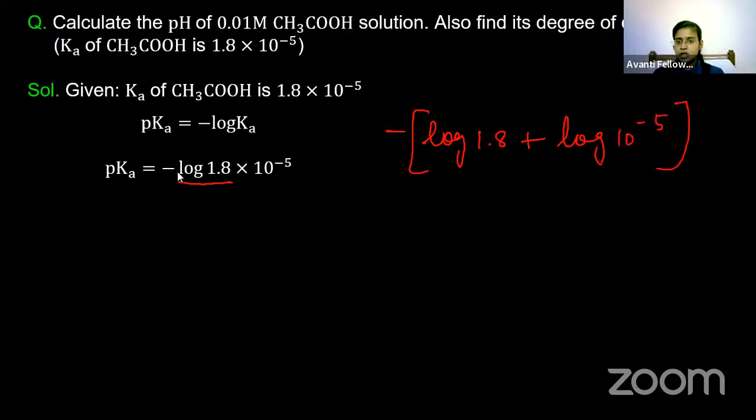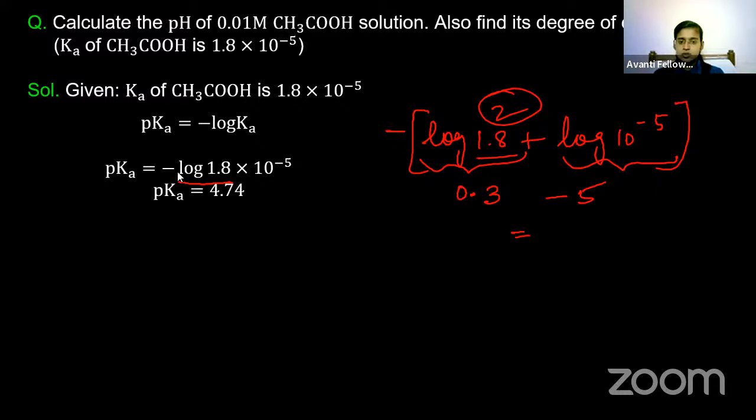Okay. So 1.8 can be rounded off to 2. What is the log 2 value? It is 0.3. And what is log of 10 to the power minus 5? It is minus 5. So what is 5 minus 0.3? 5 minus 0.3 is equal to 4.74.